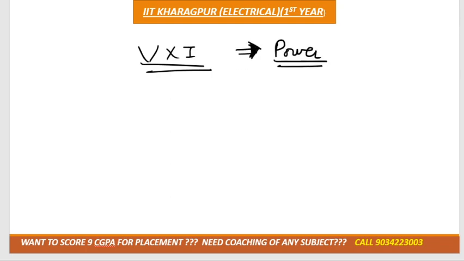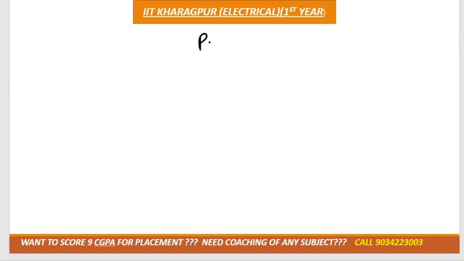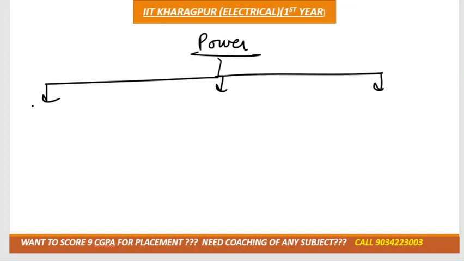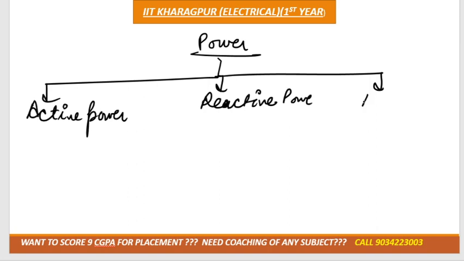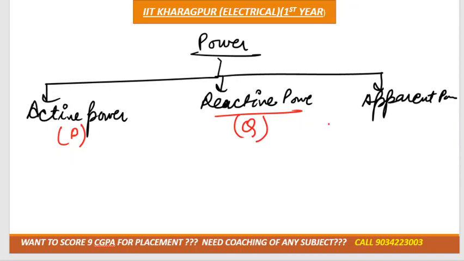So basically, this is power, and power is further divided into three categories. One is active power, another is reactive power, and another is apparent power. Active power is denoted by P, reactive power is denoted by Q, apparent power is denoted by S. Active power formula is VI cos phi.